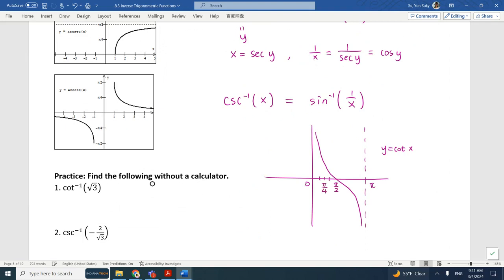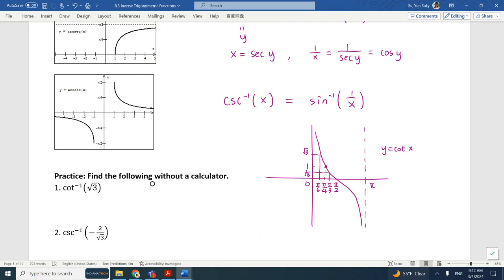You cut it into 3 pieces: pi over 6 and pi over 3. What's cotangent of pi over 4? 1. The number bigger than 1 is going to be root 3, and the number smaller than 1 is 1 over root 3. This is how we draw the graph of the cotangent.